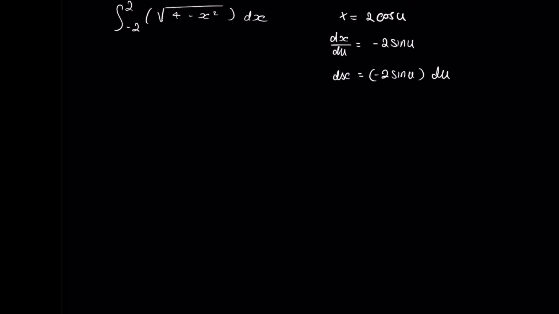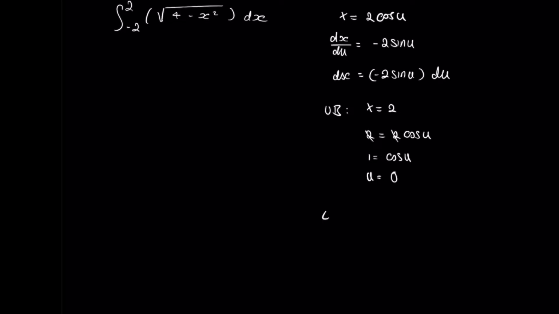Always remember to convert the bounds of the integral when you're using substitution. So in this case, the upper bound, x equals 2, we want to find u, so 2 equals 2 cos u. So we have 1 equals cos u, and u equals 0.